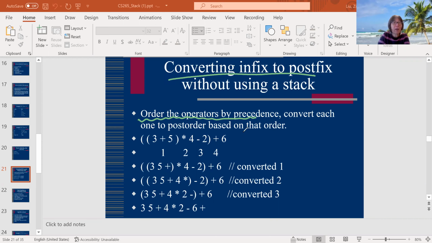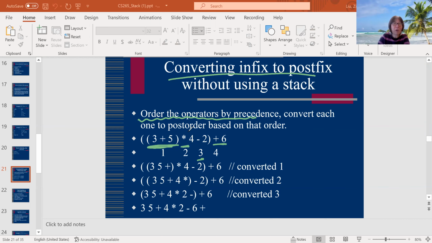Then we can convert each one based on that order. In this expression, we know this is the very first step, then this is going to be second. After that, we do this parenthesis, so this is third. After that, this is the last.